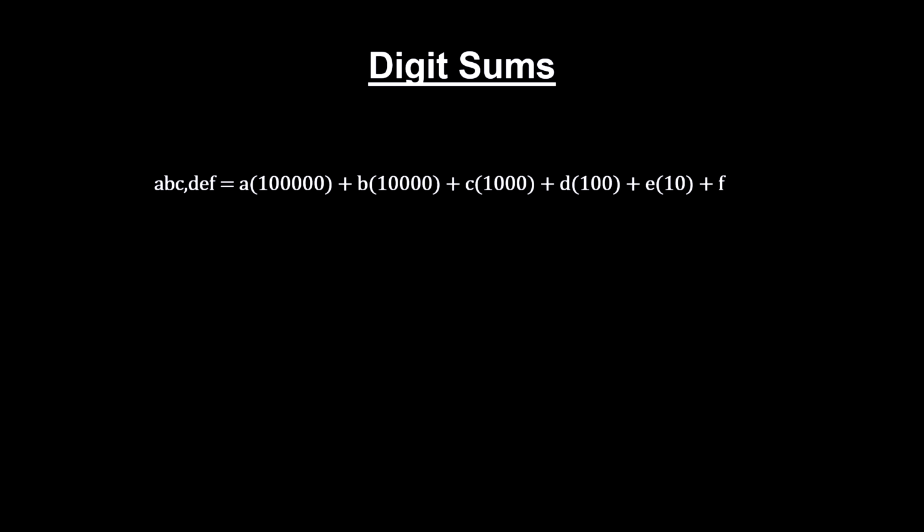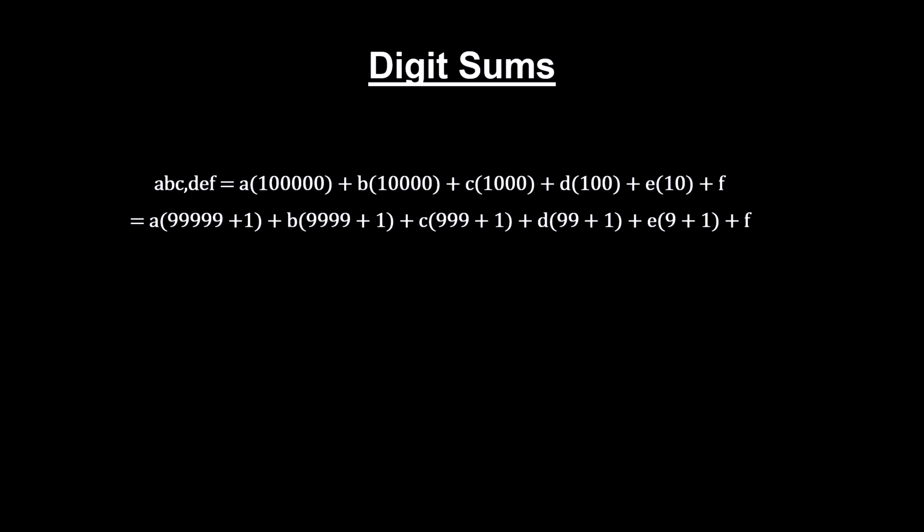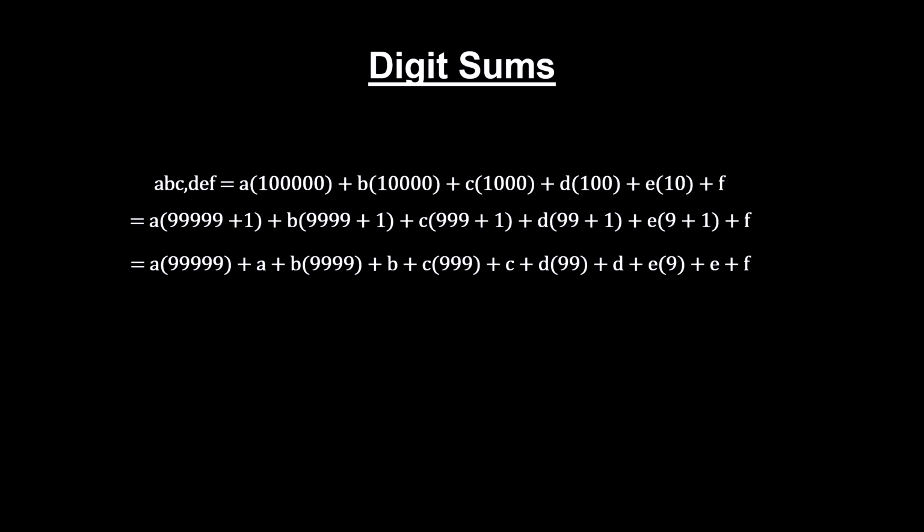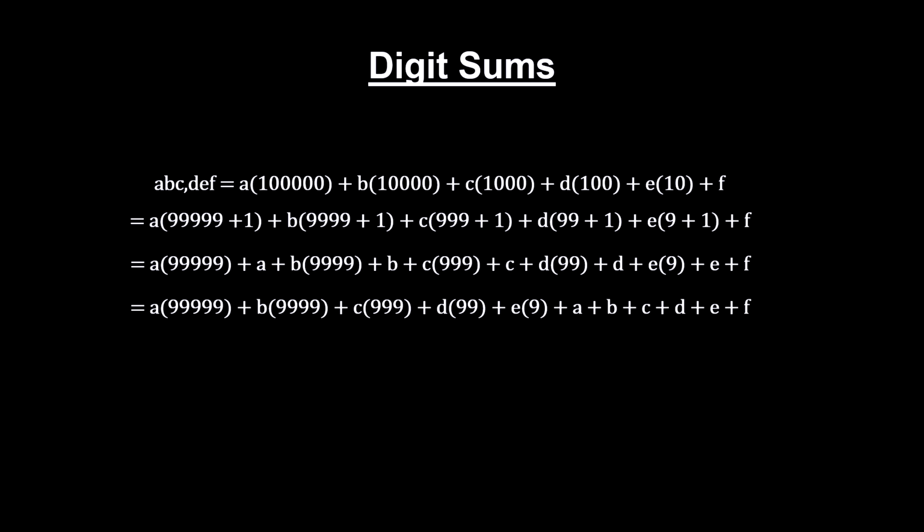Moving on a bit, we can rewrite this number by breaking up the powers of 10, subtracting and adding 1 to each of them. Multiplying each digit through the sum and rearranging, we get this. Every number in the first bracket is divisible by 9.